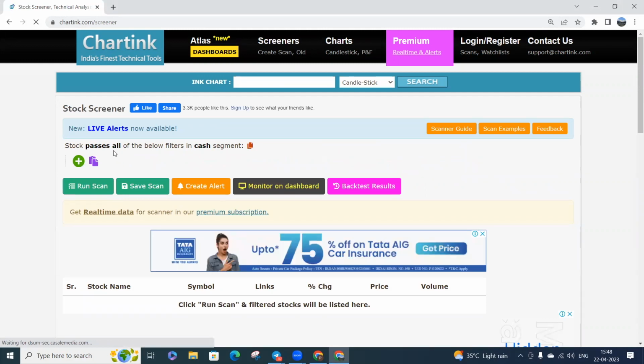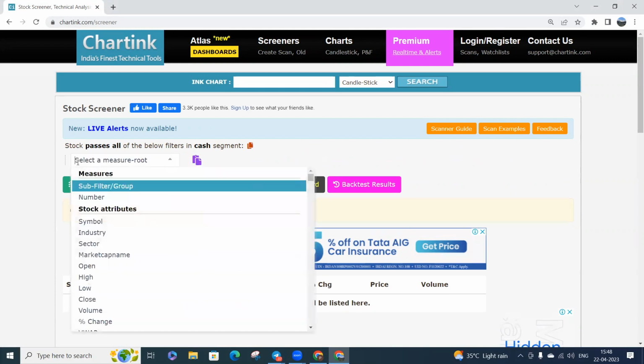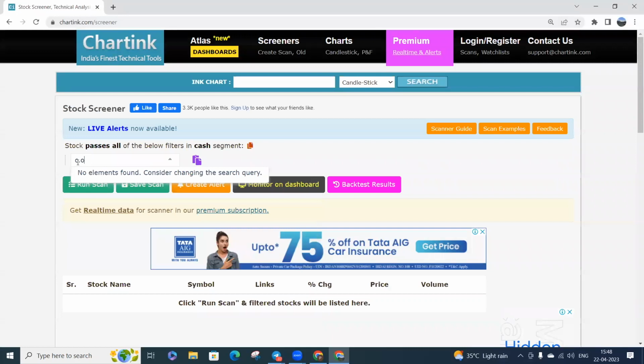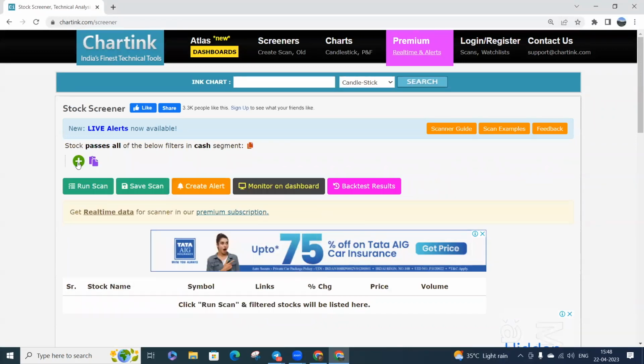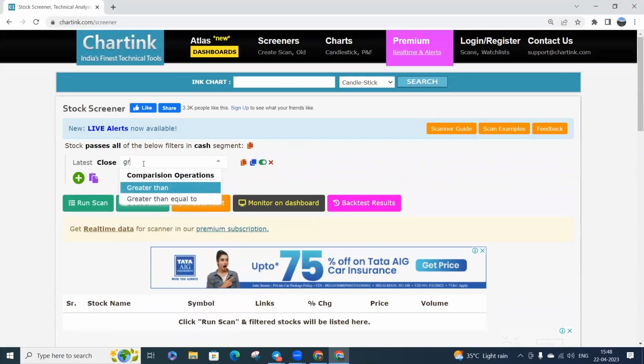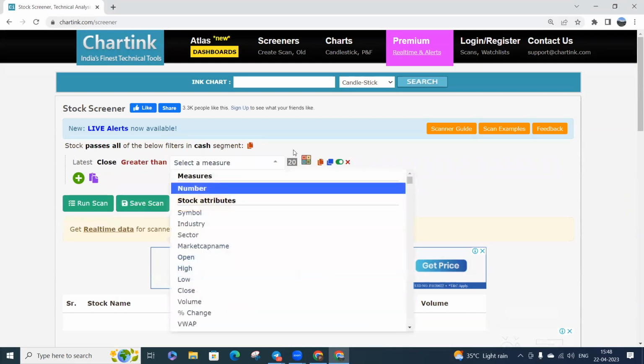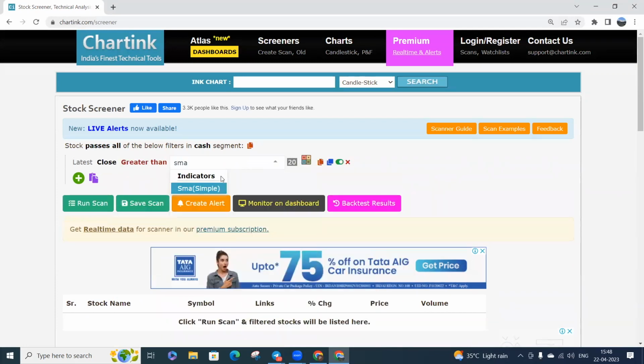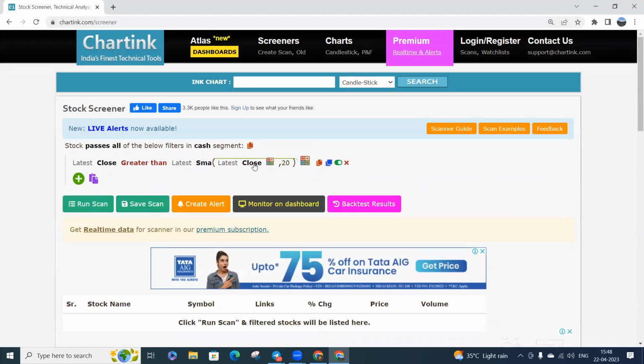Okay. So first thing is I'm going to pass in for all cash segments. Okay. So first condition is correct. Next one, I'm going to write close is greater than SMA. I'm taking the latest, so it is close, 200.